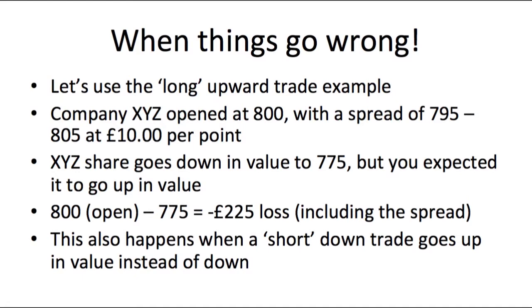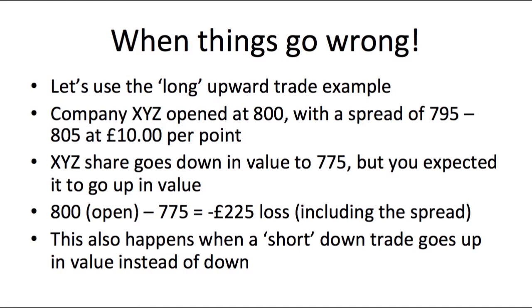Well, let's use an example of, say, we were going long, an upward trade on our company XYZ, and we'll use the same figures once again. So say we opened at 800, the spread again was 795 to 805 at £10 per point. Now XYZ shares actually went down in value to 775, but we were expecting them to go up in value.